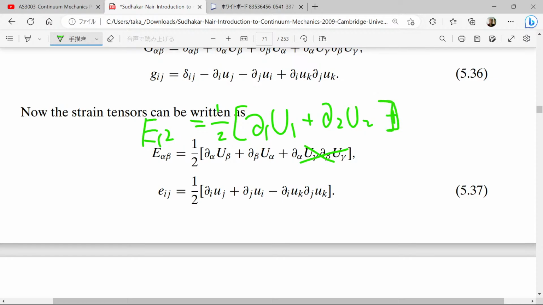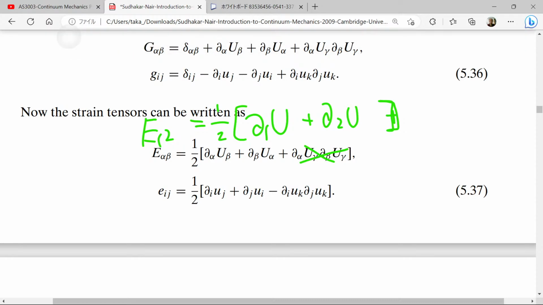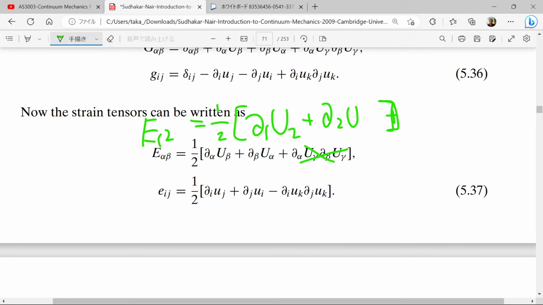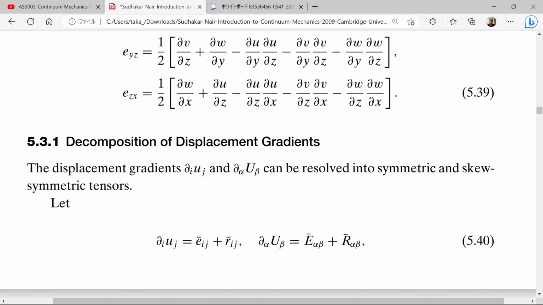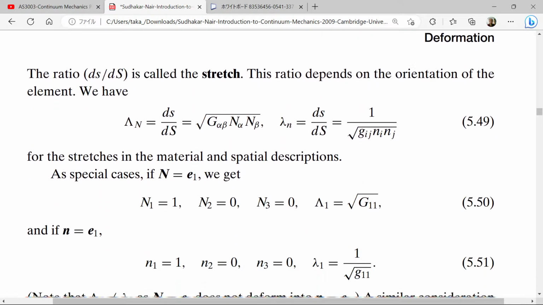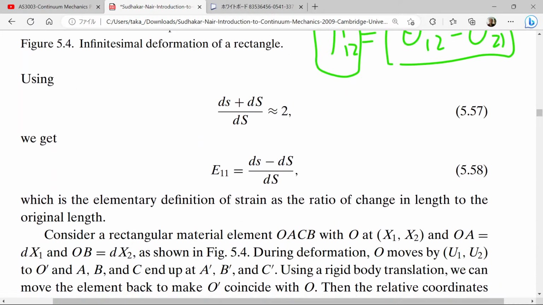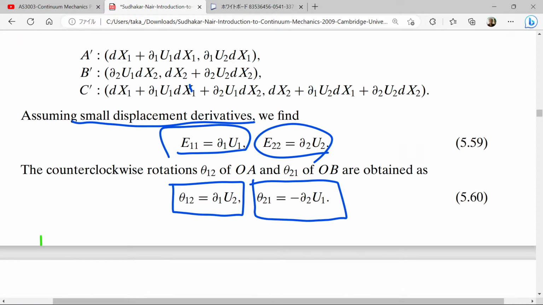Then this is like theta 1, 2 and this was minus theta 2, 1. Am I correct? Yeah. Partial 2 u1 minus.